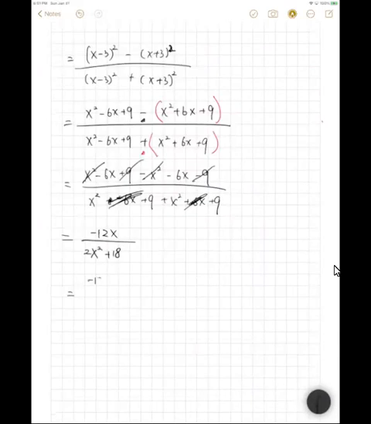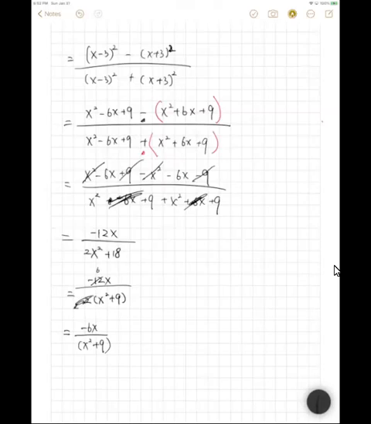On the bottom, the common factor is 2, so I have x squared plus 9. And then we cross cancel, divide by 2 on the top and bottom, with negative 6x over x squared plus 9. So that will be the answer.